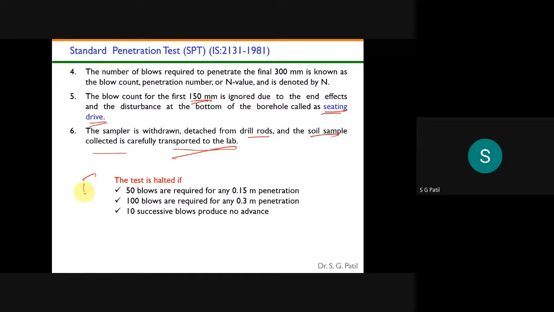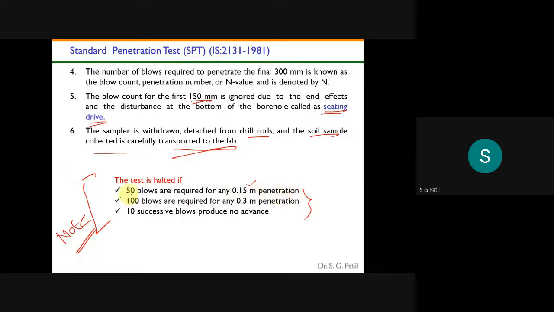Okay, so an important note here. What is the note? You have to abandon the test if any of these three conditions are met. That means you have to stop the test if 50 blows are required for the 0.15 meter penetration, that is around 15 centimeter penetration.